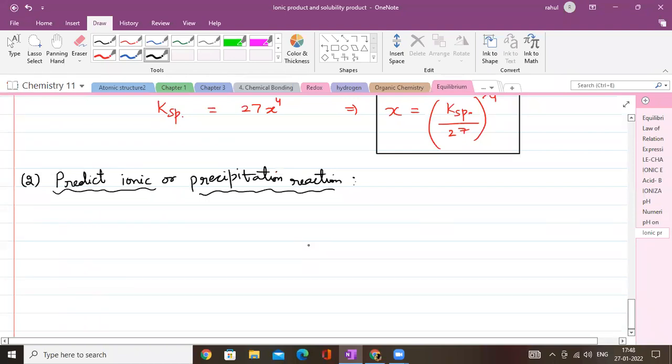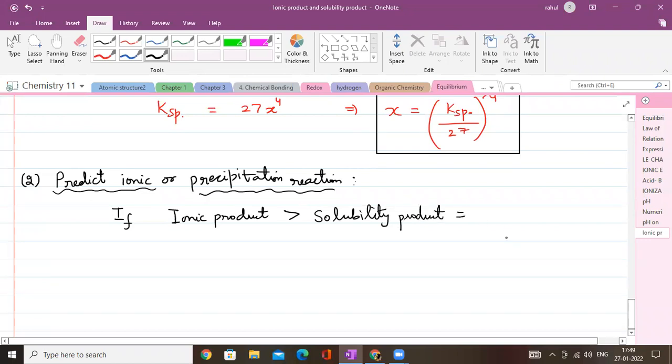Now you may ask me, sir, what is the meaning of this? The solubility product actually represents the upper limit for ionic product in a saturated solution of any sparingly soluble salt. In other words, if ionic product, that is of course the product of the concentration of the ions in the solution, exceeds the value of solubility product, remember beta, the precipitation will occur.